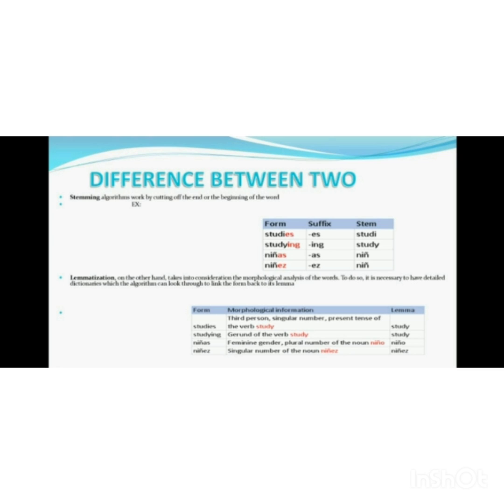For example: form studies, morphological information: third person singular number, present tense of the verb study, lemma study; form studying, morphological information: gerund of the word study, lemma study; form ninjas, morphological information: feminine gender, plural number of the noun ninja, lemma ninja; form ninja, morphological information: singular number of the noun ninja, lemma ninja.